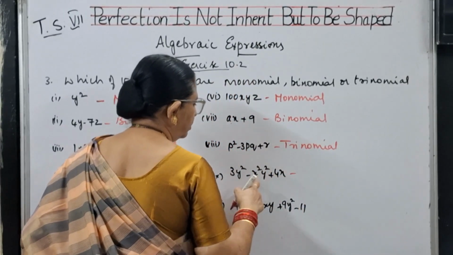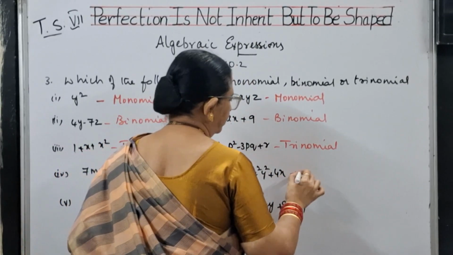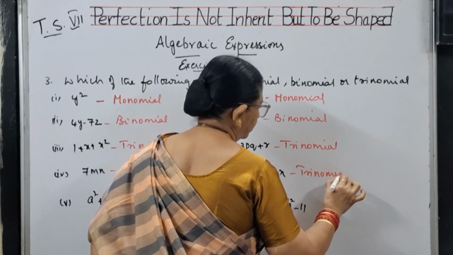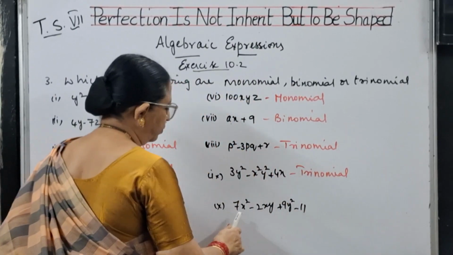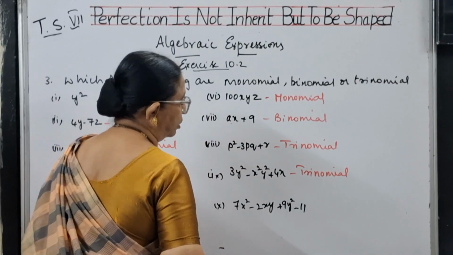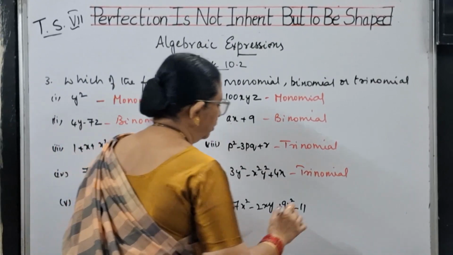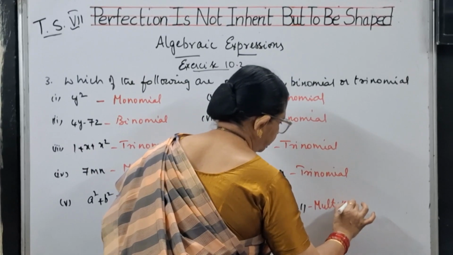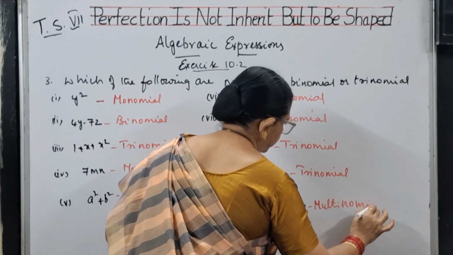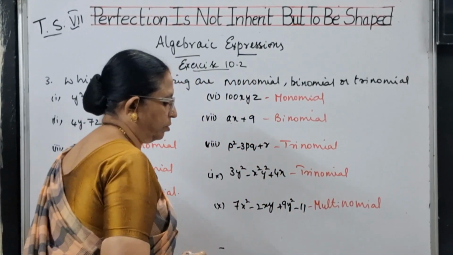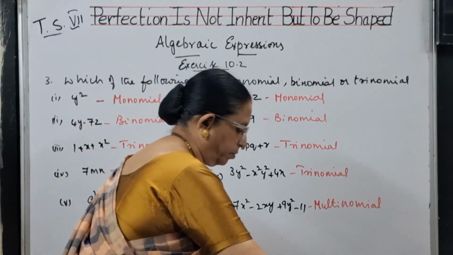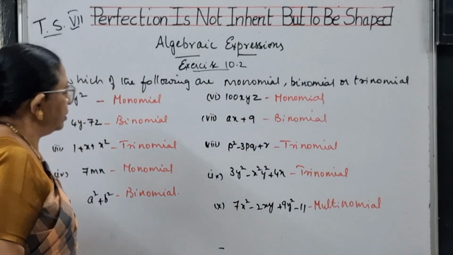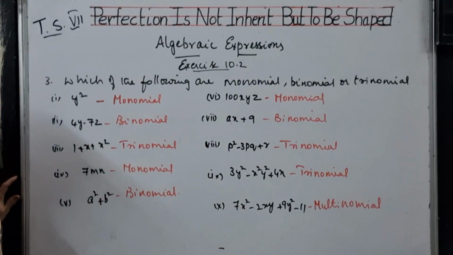This is having one, two, three terms, so it is also a trinomial. And it is having 1, 2, 3, 4 terms. More than 3 means we will be writing it as multinomial. Okay, so this is the solution for this problem. Children, third one, please note it down.